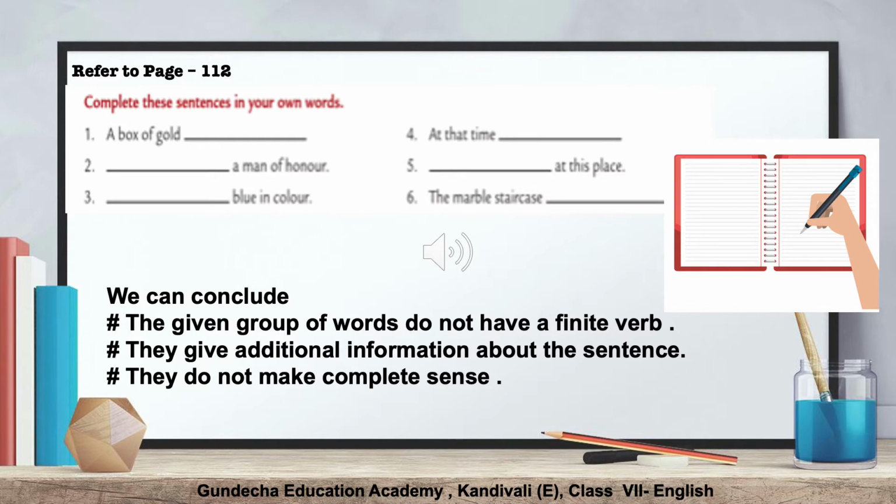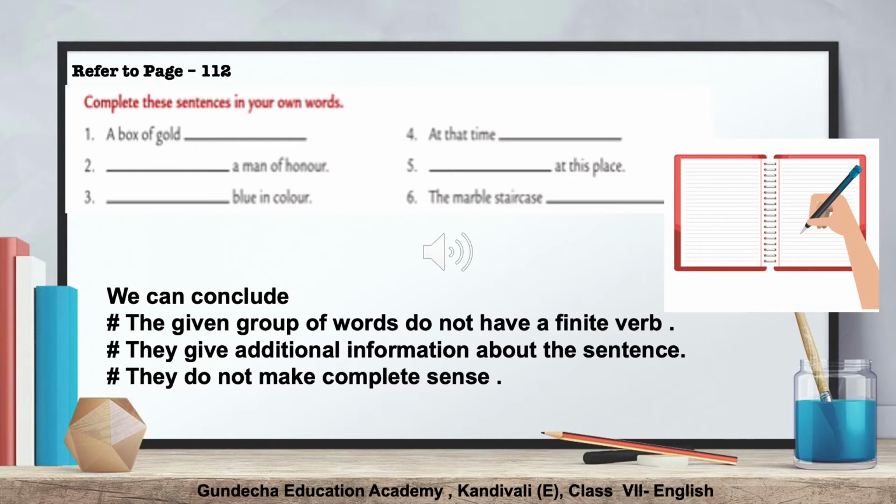So when you see number one, a box of gold, it is not a complete sentence because it is a group of words without a verb, and it is not making complete sense, and also it does not have a subject and predicate of its own.